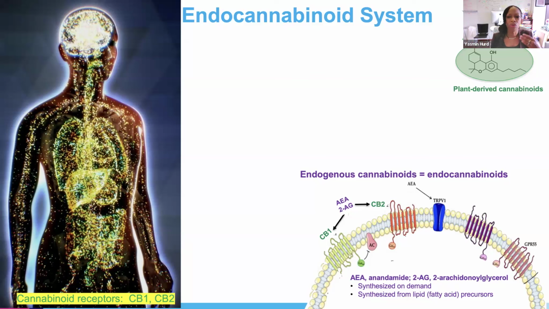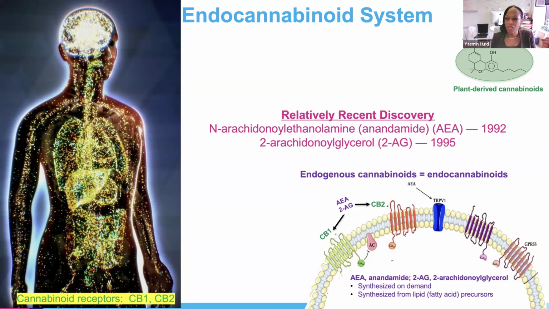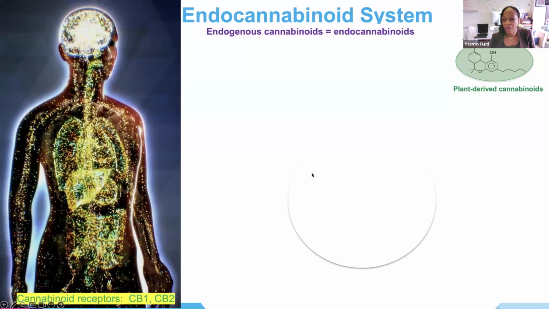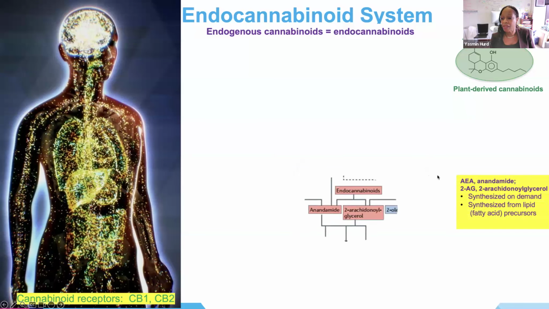But people will say, oh, cannabis and THC is just acting on our endogenous cannabinoid system, and they've been hiding the system or whatever. But it's really important to understand that we know so little about the endocannabinoid system. In fact, these endogenous ligands were relatively recently discovered in the 1990s. Also, we study these two cannabinoids, anandamide and 2-AG, and everyone thinks that they know, but we still don't understand these endocannabinoids.